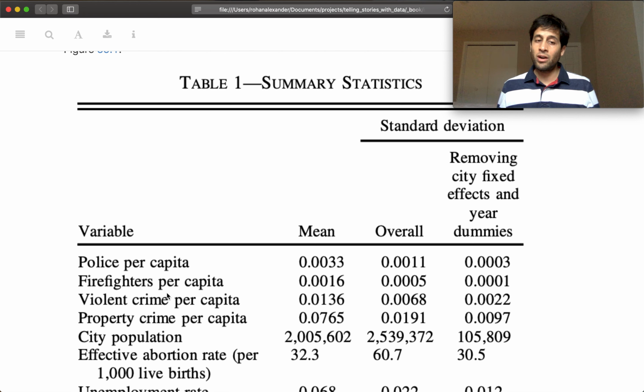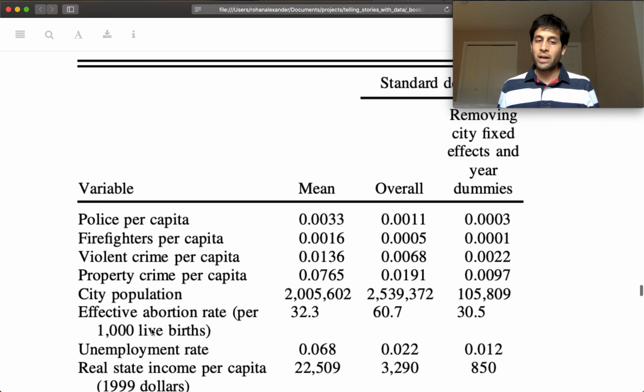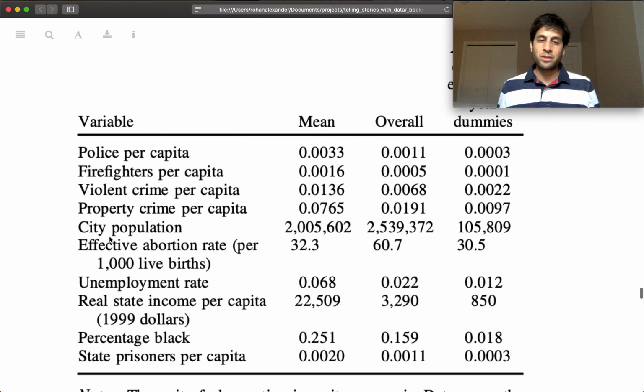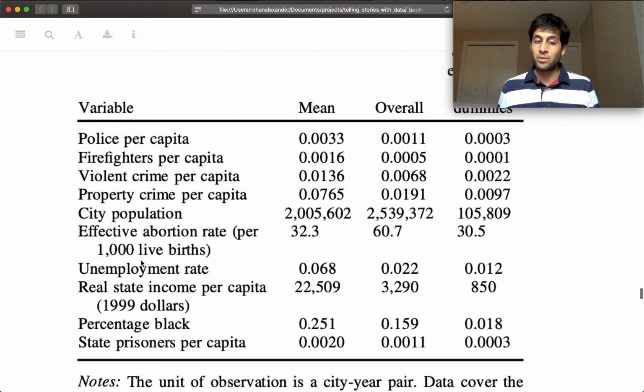And then we also look at a couple of other dependent variables, such as property crime per capita. There's also a bunch of variables that Levitt adjusts for, and some of those are in the summary table as well.